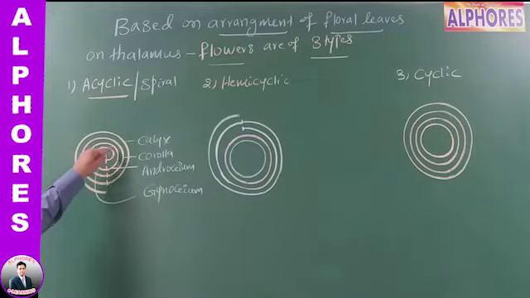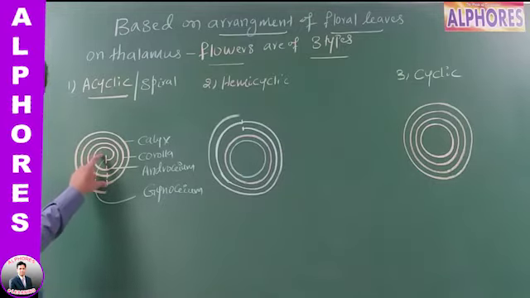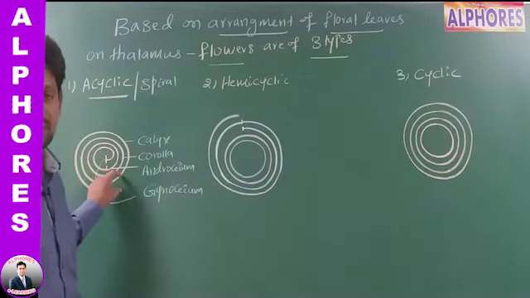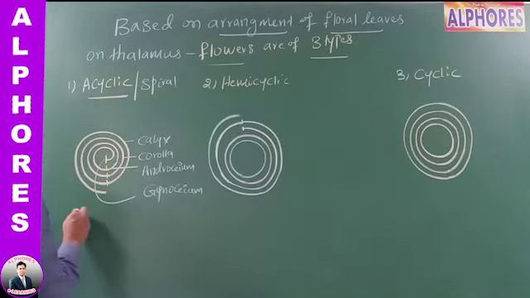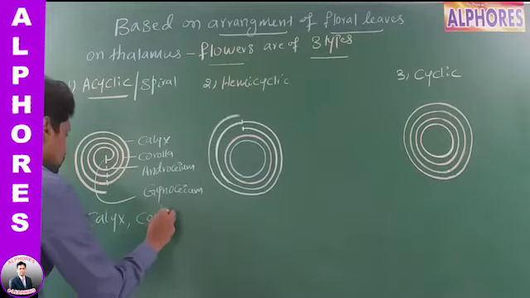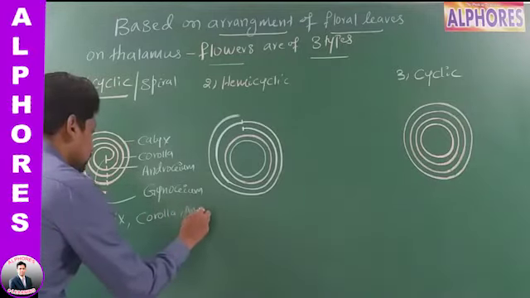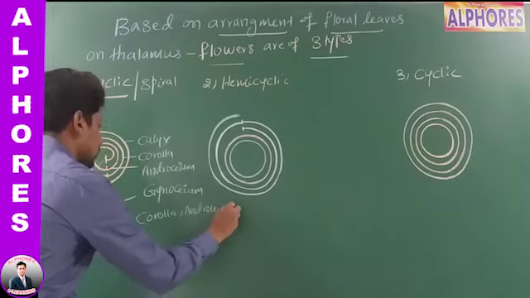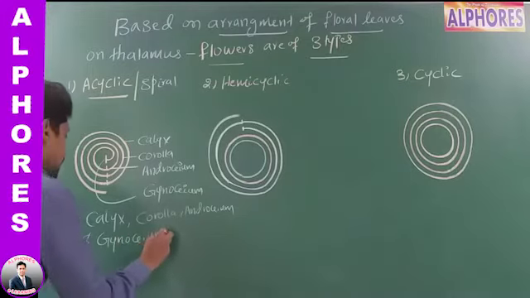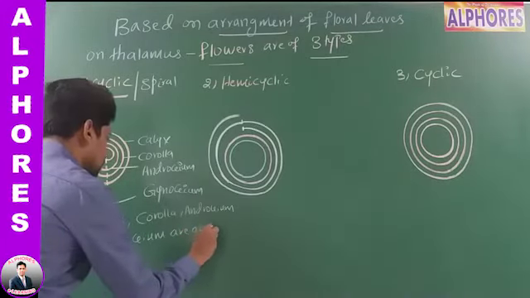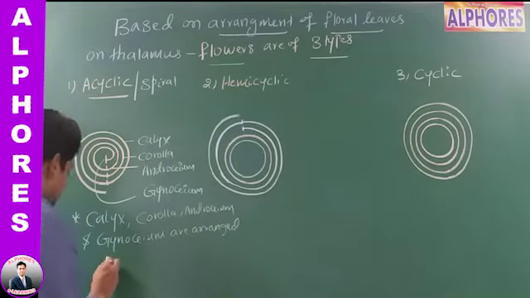They are arranged spirally on a conical thalamus. Therefore, calyx, corolla, androecium and gynoecium are arranged spirally.